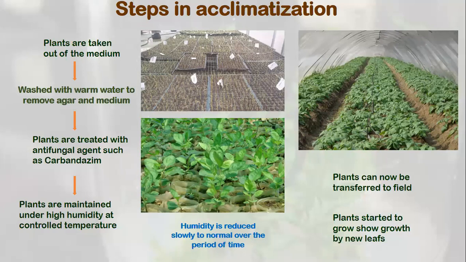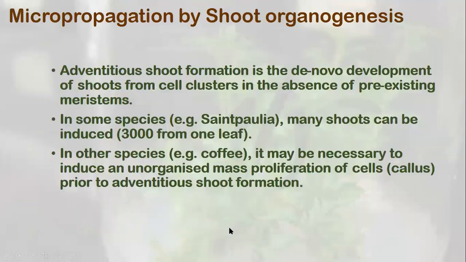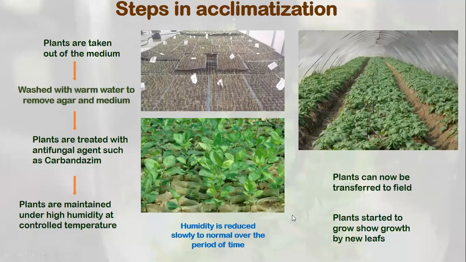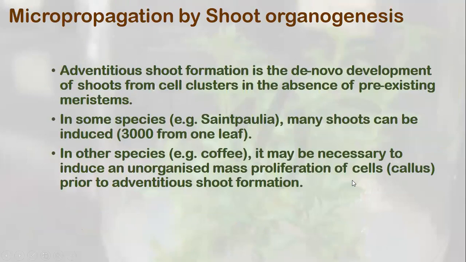After that, the plants are maintained under high humidity and controlled temperature. Then humidity is reduced once the plants start growing, over a period of time. Then these are transferred to the field. So this is the whole mechanism of in vitro micropropagation.